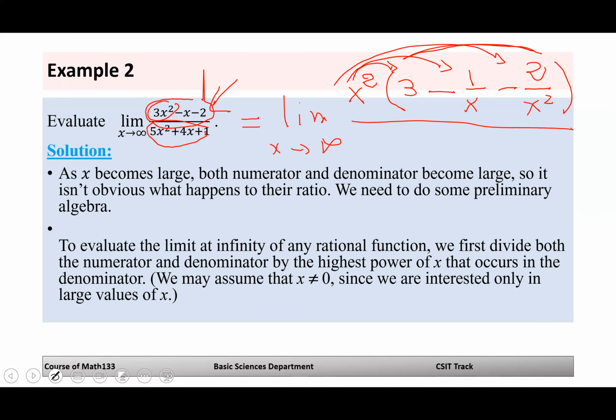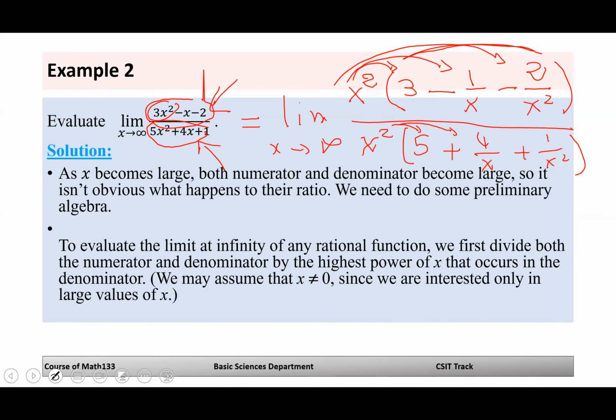I will do the same thing with the highest degree in the denominator, which is here x squared. So x squared factor 5 plus 4 over x plus 1 over x squared. And again here, if you want to verify your computation, just expand and you will find your expression here.